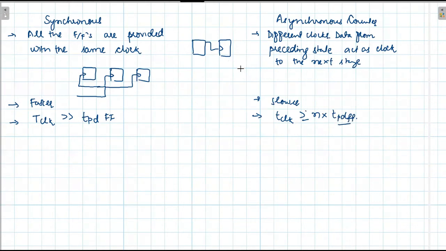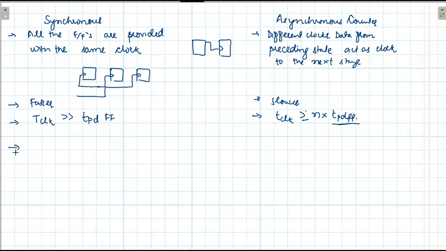Here you are using 2 stages, so it becomes 2. If it is 3, then it is 3. This is the propagation delay of your individual flip-flop. So what is propagation delay? You are providing input and you are getting output. The lapse between the application of input and the availability of output is called your propagation delay.